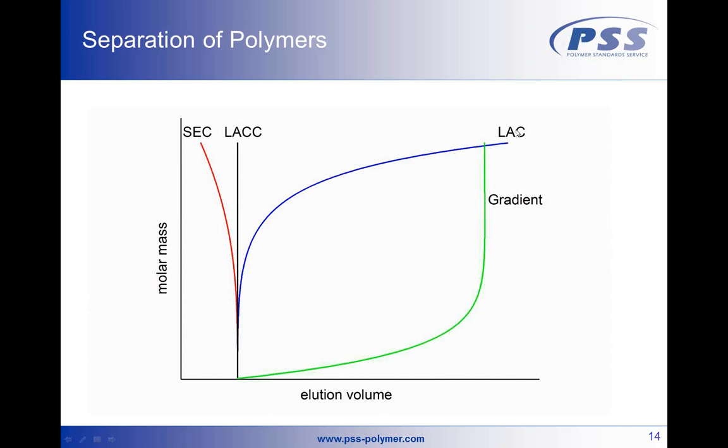That is what we call liquid adsorption chromatography, isocratic liquid adsorption chromatography. Under these conditions, retention increases very, very strongly with molar mass. In the end, even if you have a quite narrow distributed sample, some part of the material might simply stay on the column and you will not see it within a reasonable time.